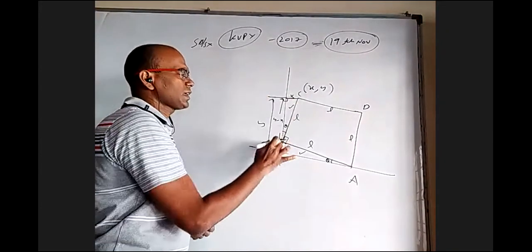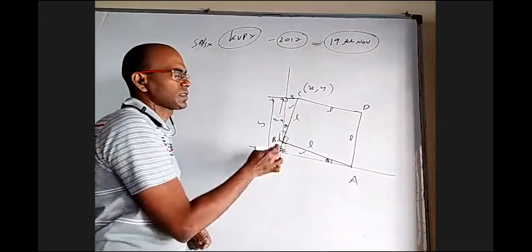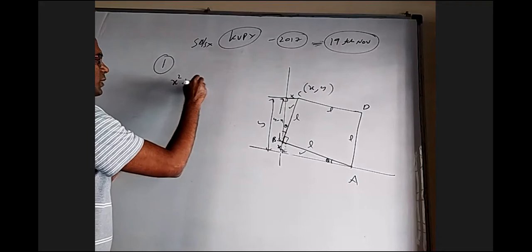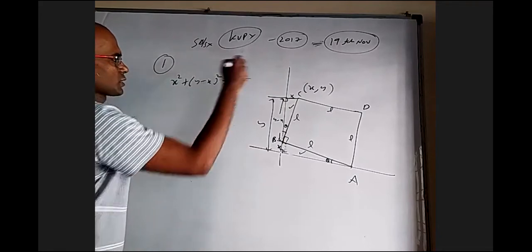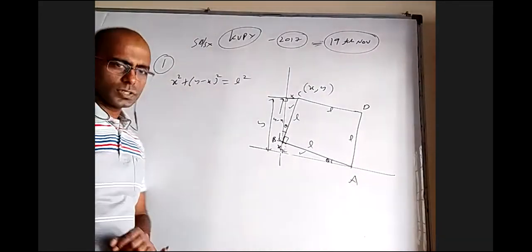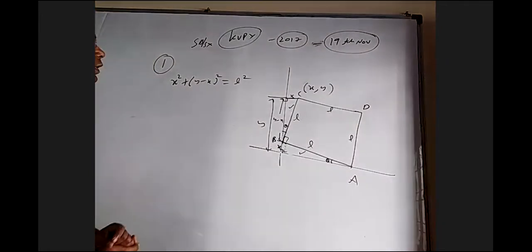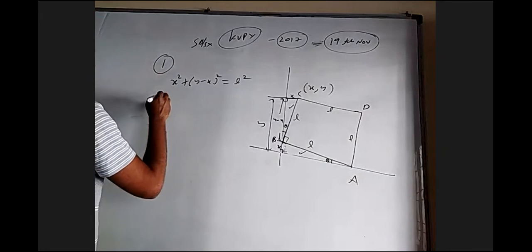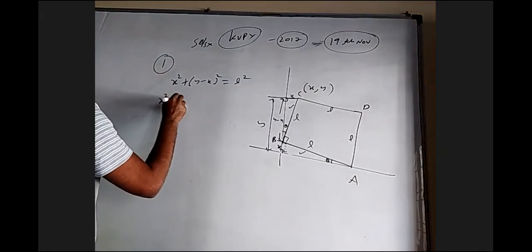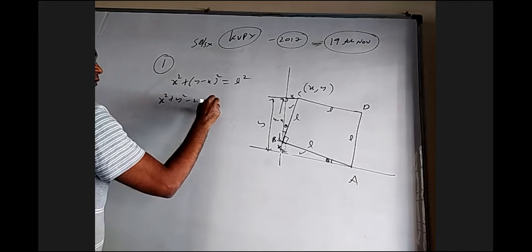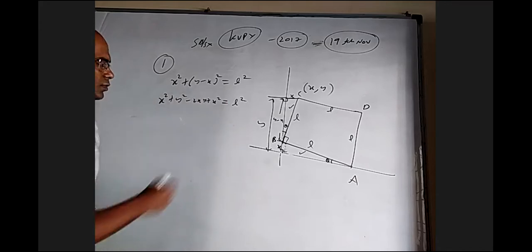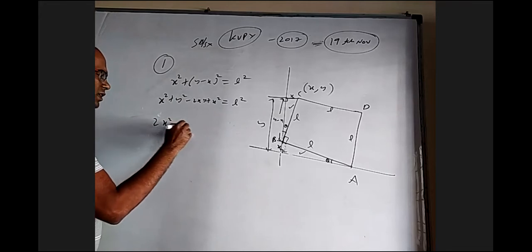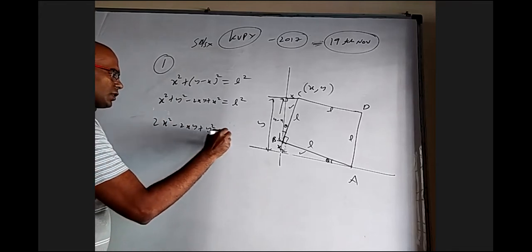Now this is a simple right angle triangle, two sides are x and y minus x, this is L. So it should satisfy Pythagoras theorem: x squared plus (y minus x) whole squared equals L squared. That's it, I got the locus straight. When you expand this, x squared plus y squared minus 2xy plus x squared is equal to L squared, that is, 2x squared minus 2xy plus y squared equals L squared.